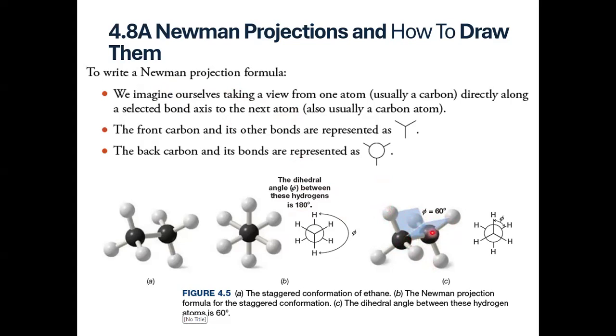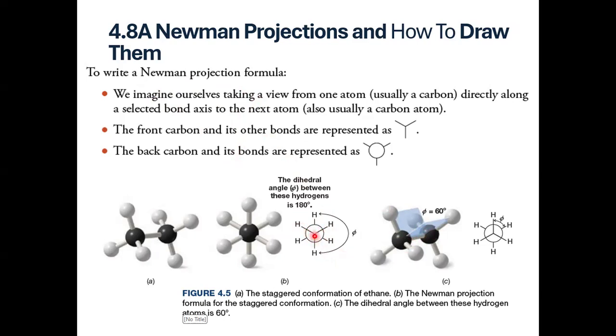So the carbon and the carbon here are bonded to each other through what we call a sigma bond using the sp3 hybrid orbitals of the carbon atoms. And so you can use a Newman projection. The Newman projection is like this. You see a triangular look down the bond.